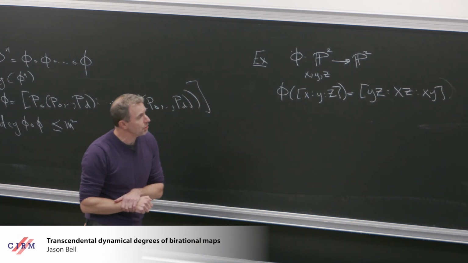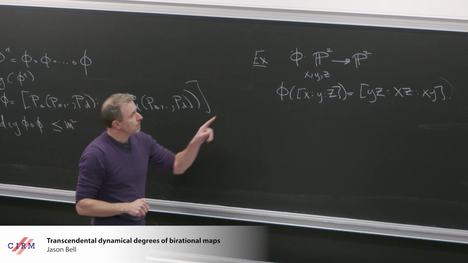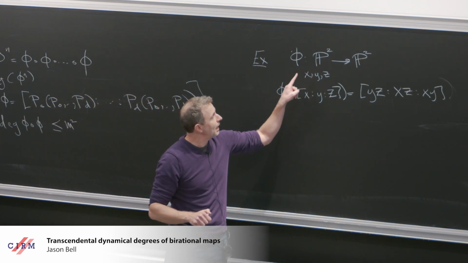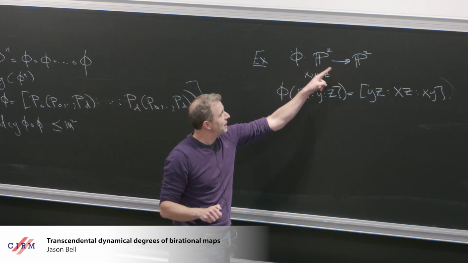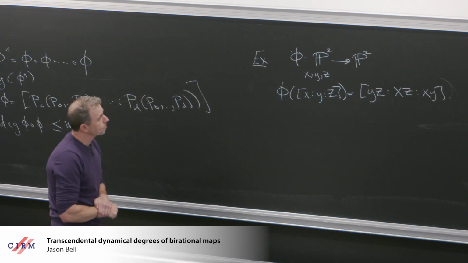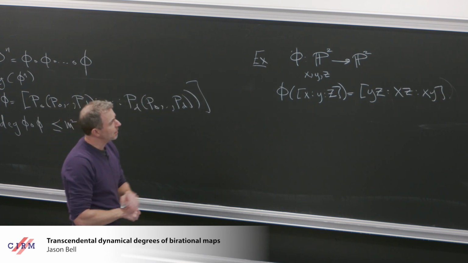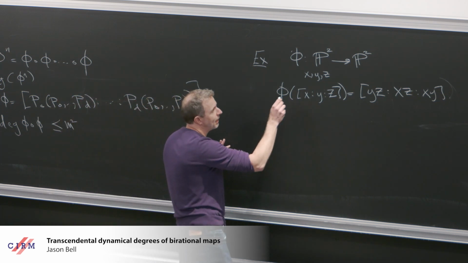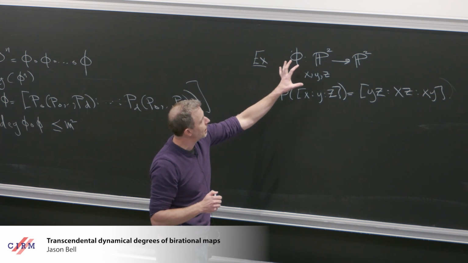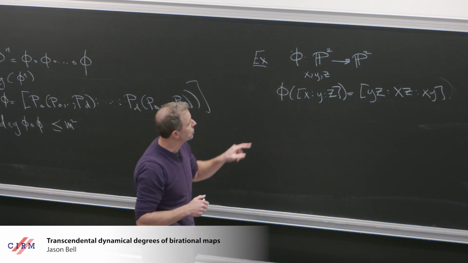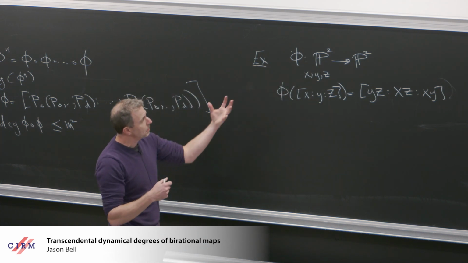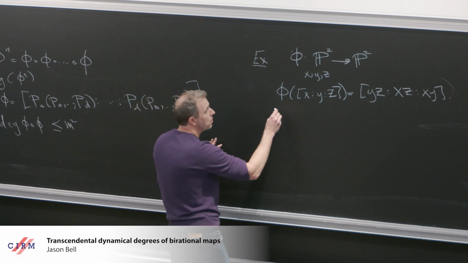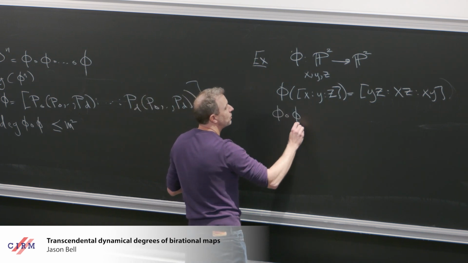This is the famous Noether map. This is what's called a birational map, so it's got basically an inverse. And it's a degree 2 rational map. And in fact, if you look at the birational maps on P2, they're generated by this phi along with the automorphisms, which are PGL3.